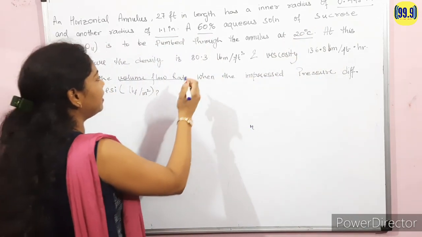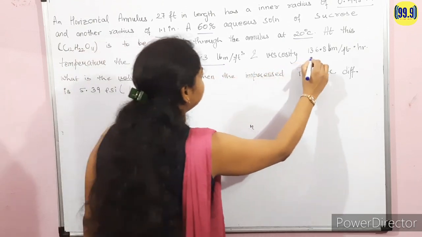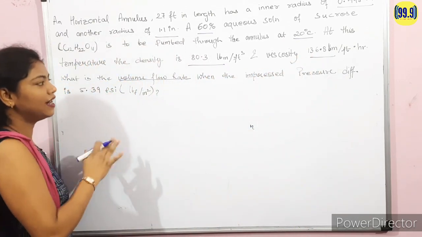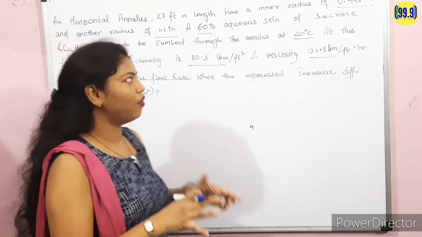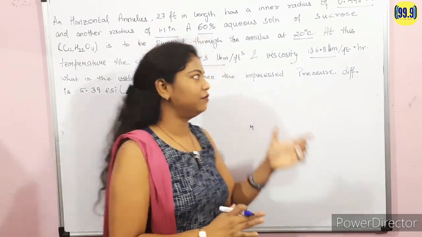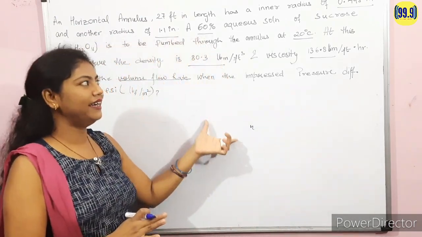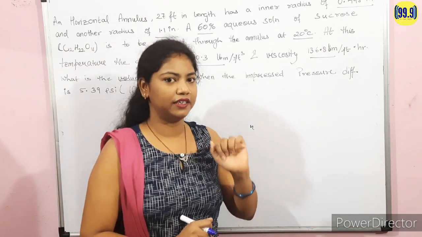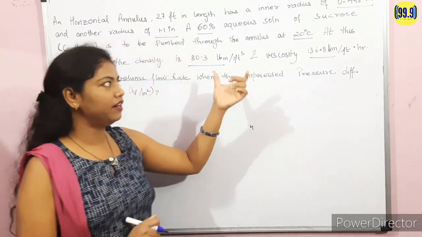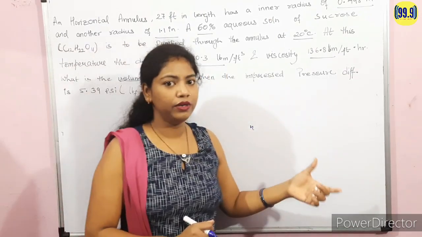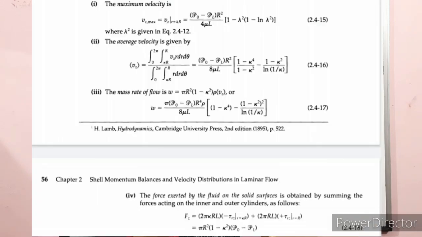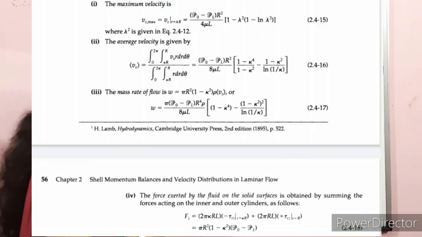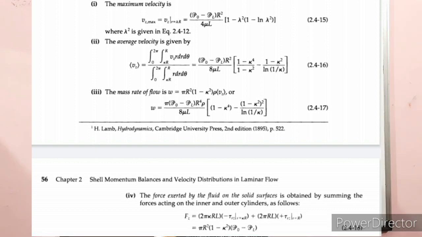We also have the data of density and viscosity, but all the data is given in the FPS system. So we have to convert it into SI units first, for putting into the main formula for calculating the volume flow rate, okay.